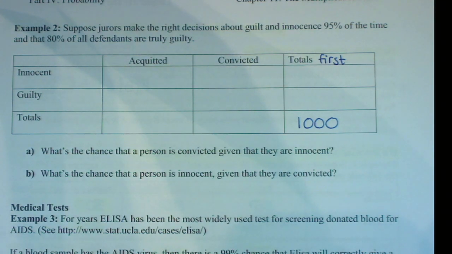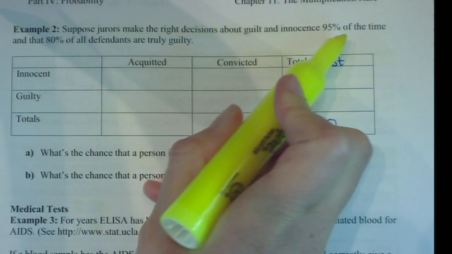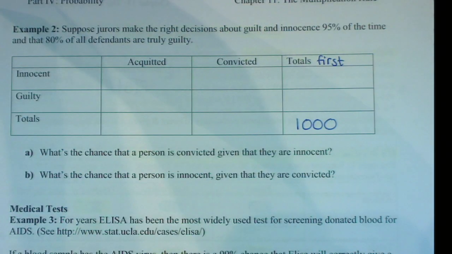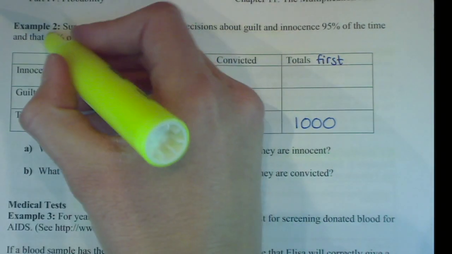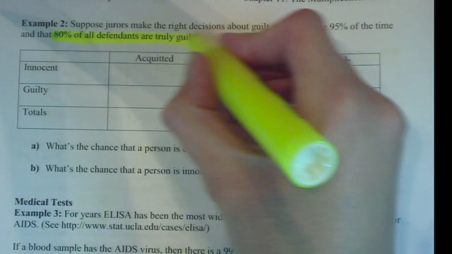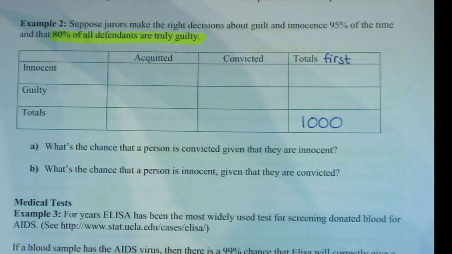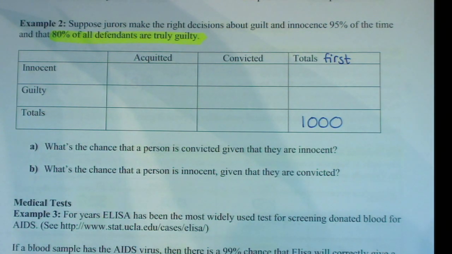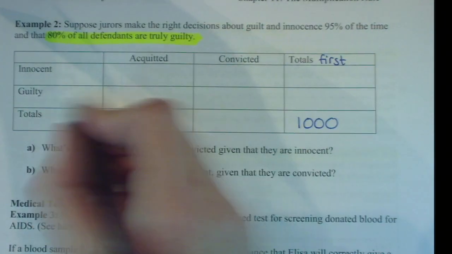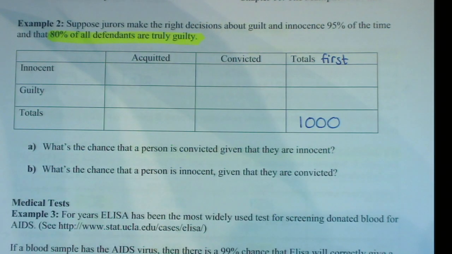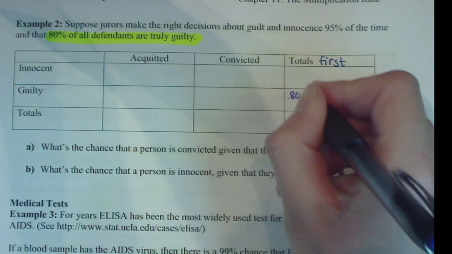And if I look at this, right decisions, it's telling me about the right decisions, but what I really need is this. It says 80% of all defendants are guilty. So of these 1,000 people total, 80%, I'm going to fill in this guilty column first. 80% of 1,000 is just 800.